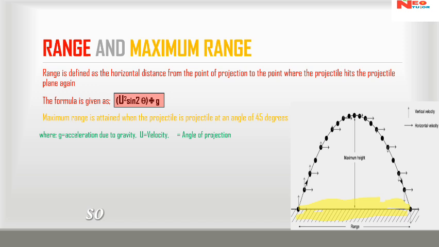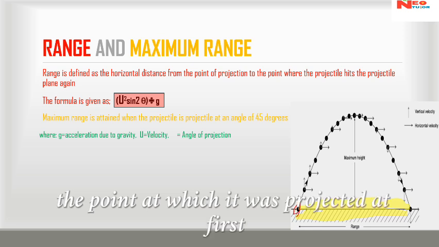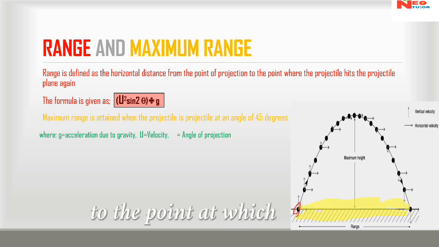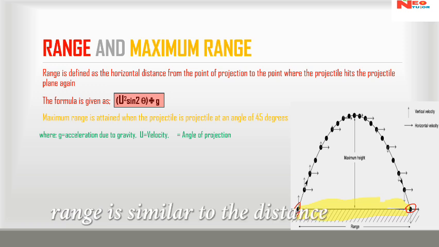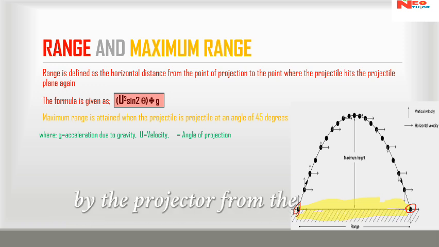So when they ask you for range, they're asking for the distance from the point at which it was first projected to the point at which it landed. Then you calculate for the distance. Range is similar to the distance covered by the projectile from the point of projection.